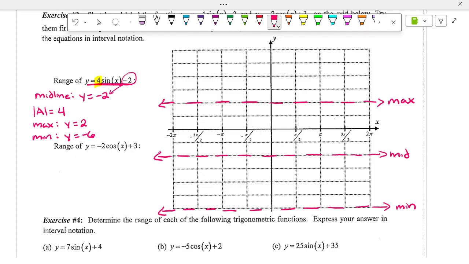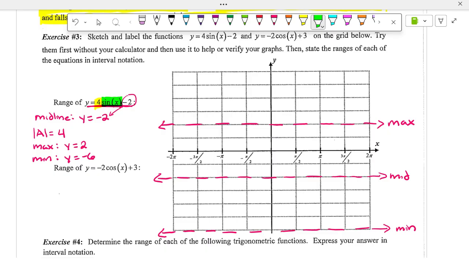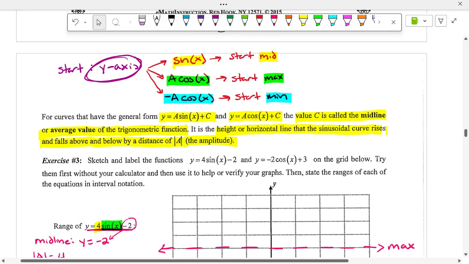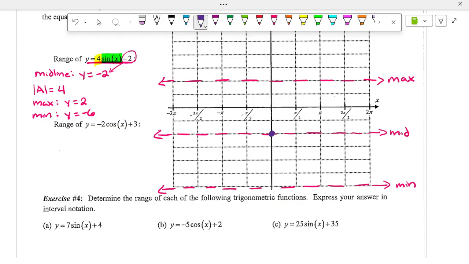All right, now let's graph. First off, what type of graph is it, sine or cosine? It's a sine graph. So that means on the y-axis, which of these 3 lines is it going to start at? The max, the min, or the mid? The mid. So you start with the mid. Now it's positive. So am I going to go up next or down? Up.